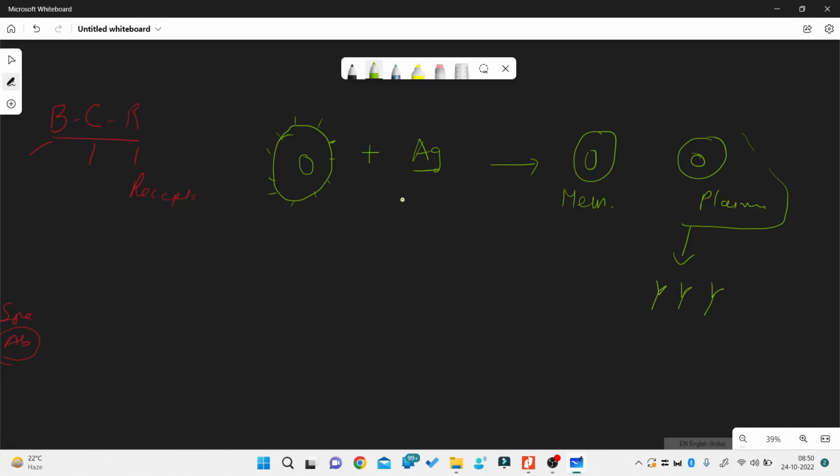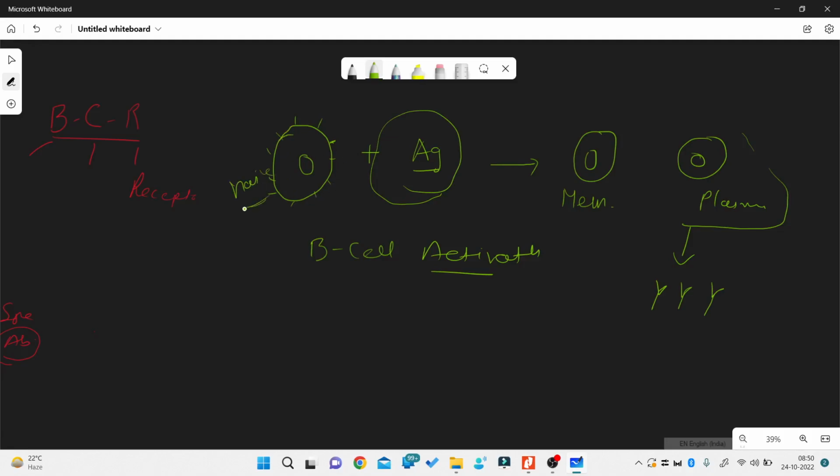So for that reason, we need the activation of this B cell. B cell activation is very important, and it always starts when the antigen comes into contact with the naive B cells.